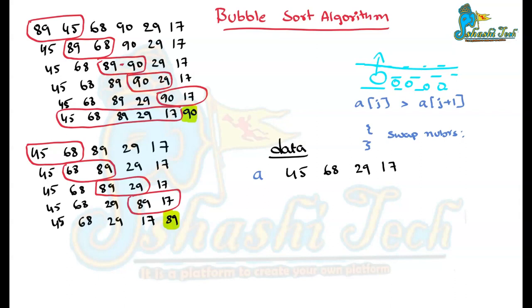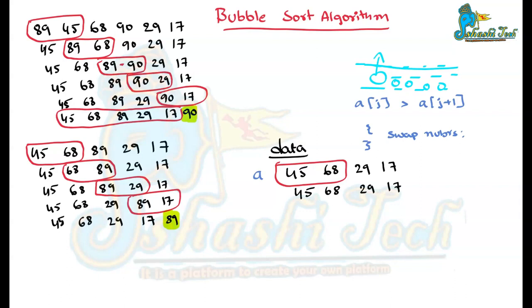Then again apply the logic on this array, that is 45 and 68, two adjacent numbers. Here 45 is smaller than 68. Then the condition fails. So we shall write it as it is, 45, 68, and we shall copy the remaining elements as they are.